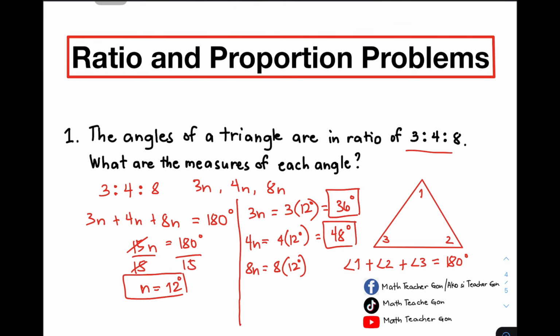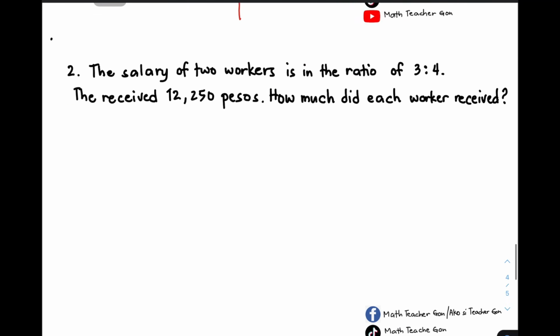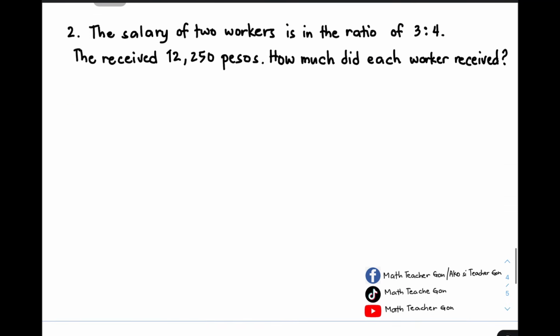So what is 8 times 12? 8 times 12 is simply 96 degrees. Ibig sabihin guys, yung measurement ng tatlong angles natin are 36 degrees, 48 degrees, and 96 degrees.